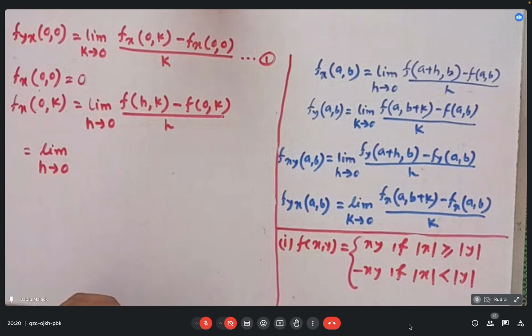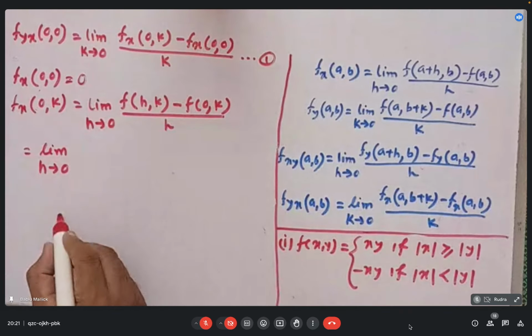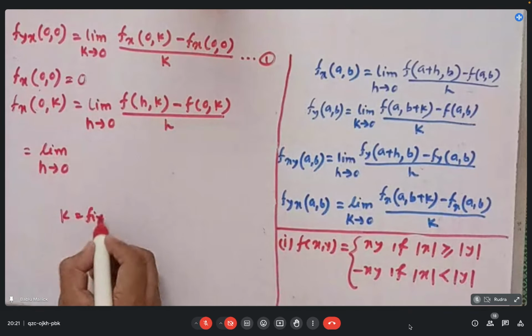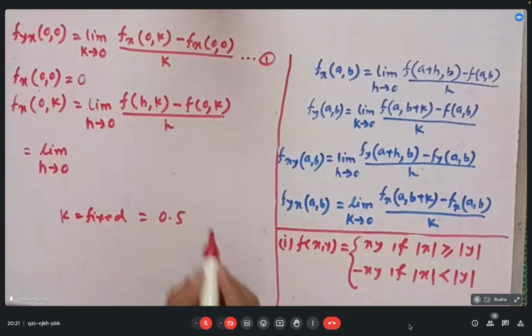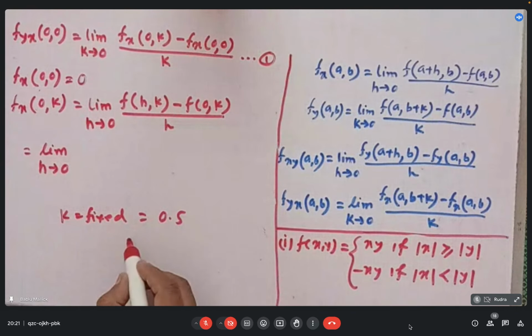What is f of h comma k? Which part shall we use? Here h tends to 0, so k is fixed. Suppose for example k is 0.5. So h tends to 0, and obviously h will be less than k.